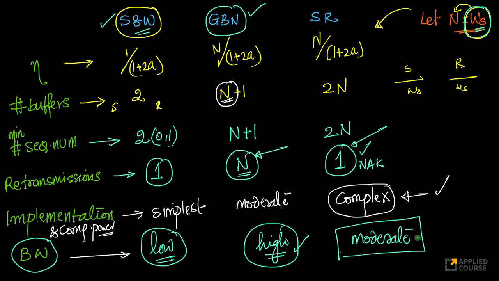Selective repeat is used in wireless situations because wireless has moderate bandwidth as compared to, for example, a fiber optic cable. Fiber optic cable has very high bandwidth and very low errors.